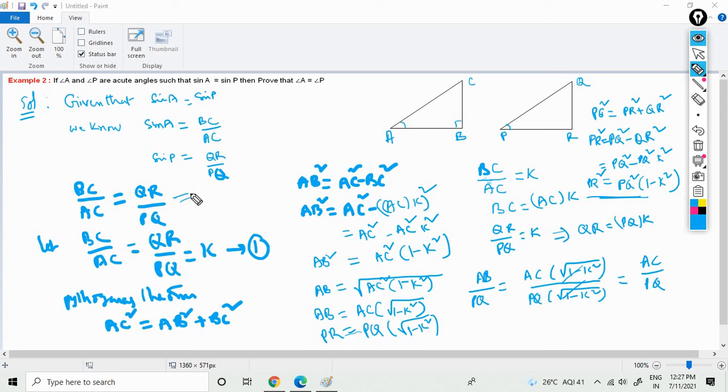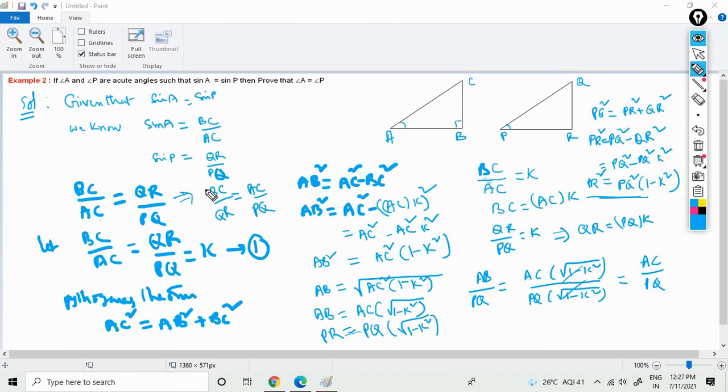So just observe, if I take this QR this side and AC this side, what will happen? BC by QR is equal to AC by PQ.